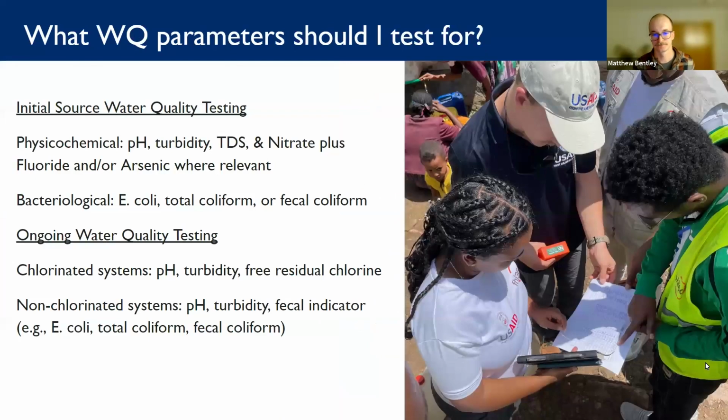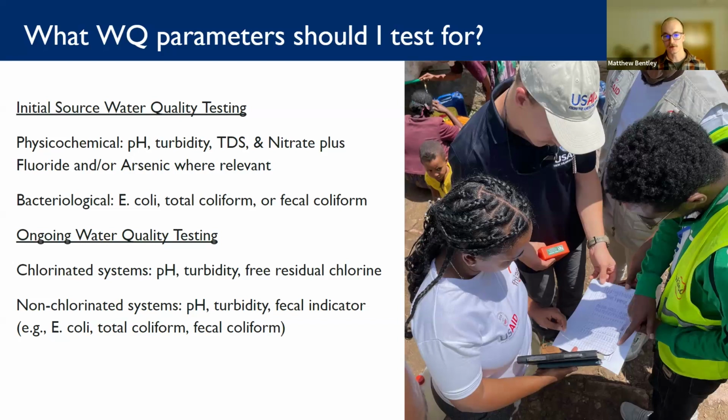So what water quality parameters should you test for? This will depend on the source type, as well as whether it's an initial source water quality testing versus an ongoing water quality testing to monitor water quality throughout an award. So we'll start with the initial source water testing. Often these are broken into physicochemical characteristics and bacteriological.